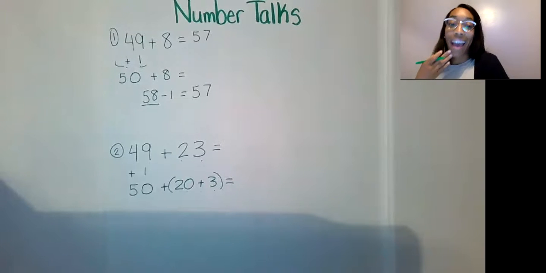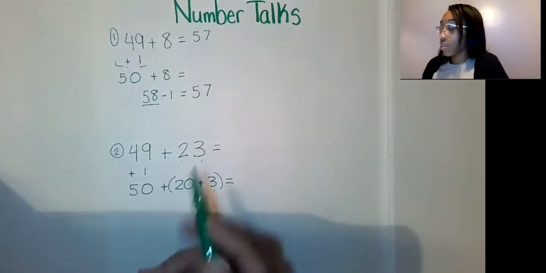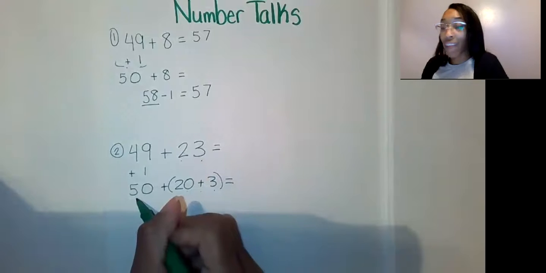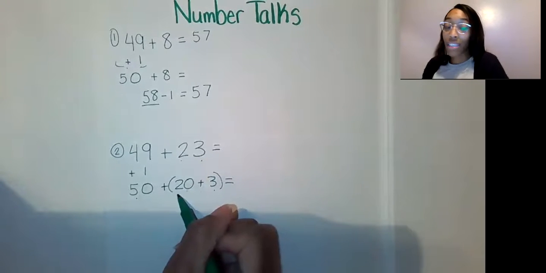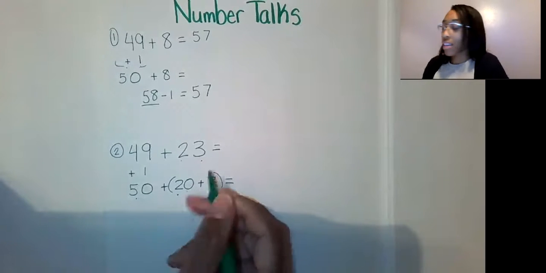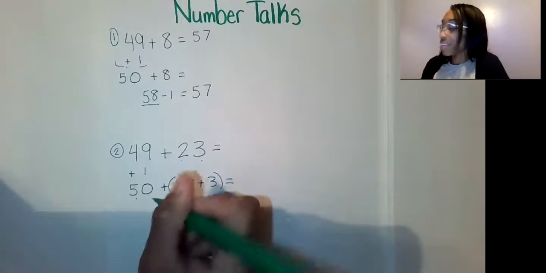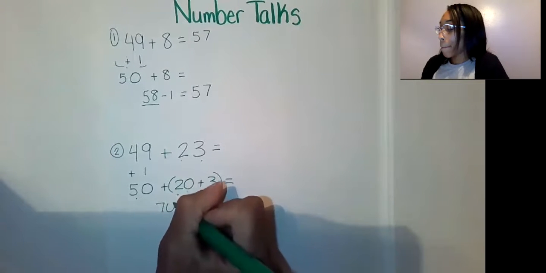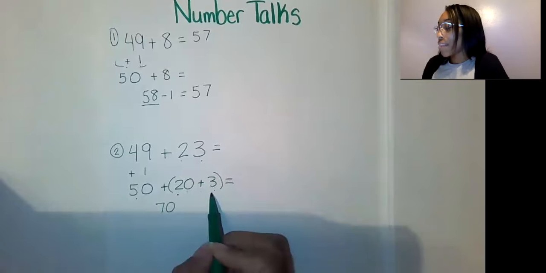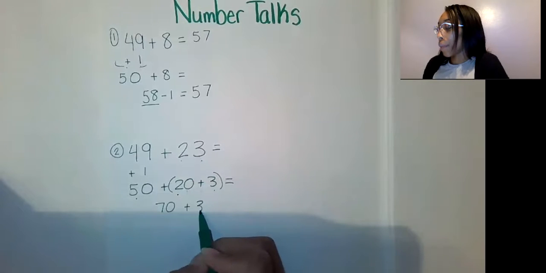So now I'm going to add those similar values. My tens, I have 5 tens and 2 tens, which gives me 7 tens. 7 tens is the same as 70. Then all I have to add is the 3. So that gives me 73.